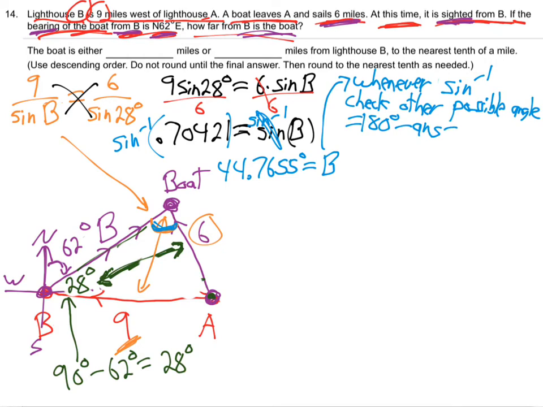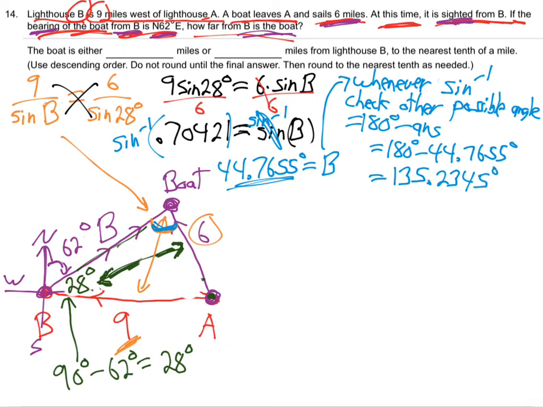So if I take 180 minus this answer I just got, 44.7655 degrees, I'm going to get 135.234, I'll round to 5 degrees. That's another possibility. I'll say B can be either one of those.